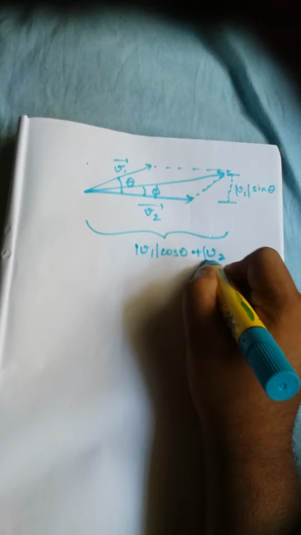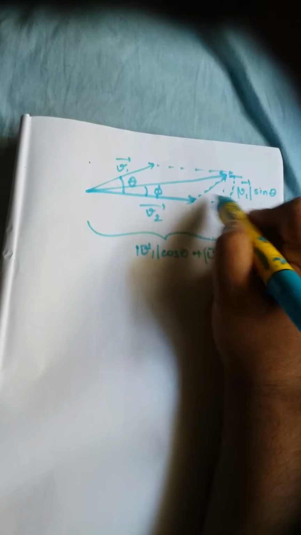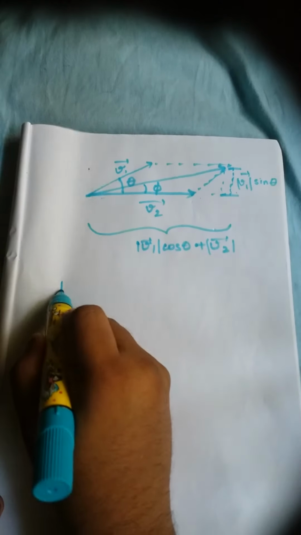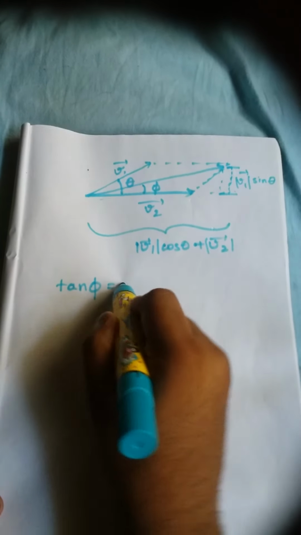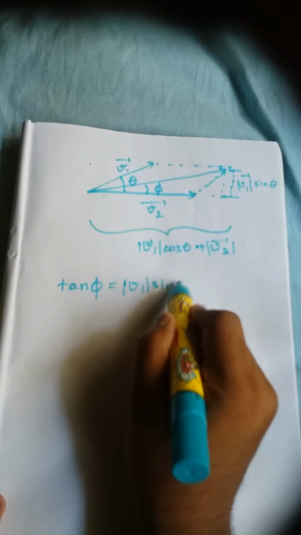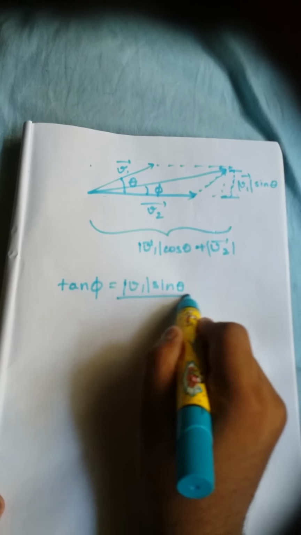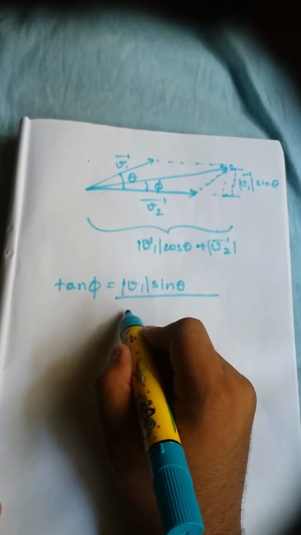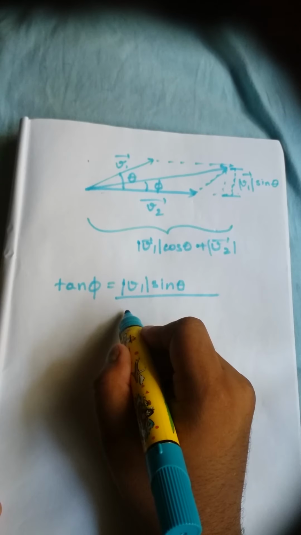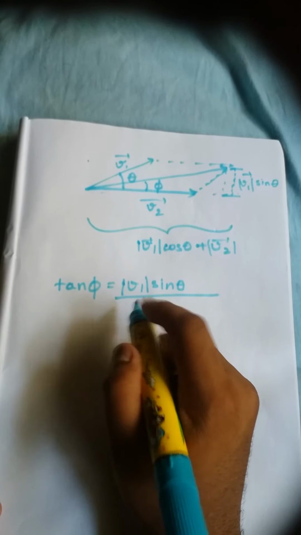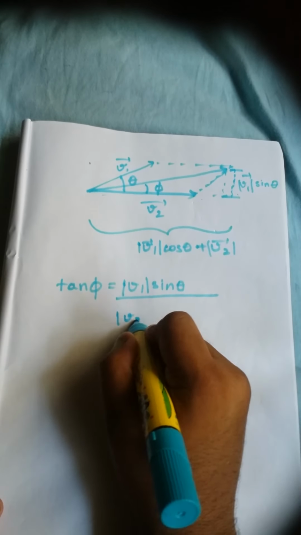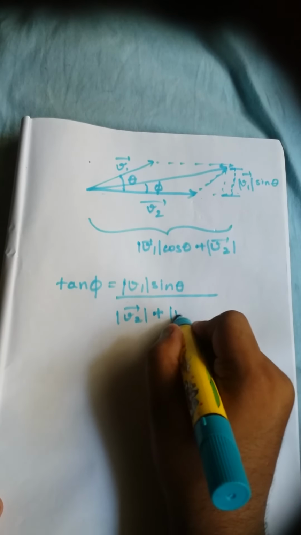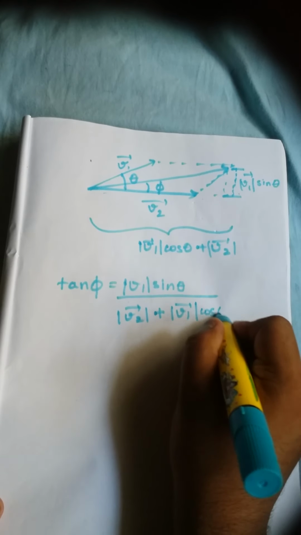So tan of phi is equal to this by this, so we can write tan phi is equal to mod v1 sin theta by mod v2 plus mod v1 cos theta.